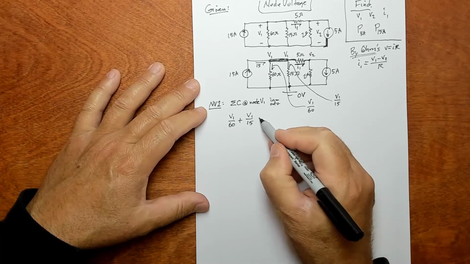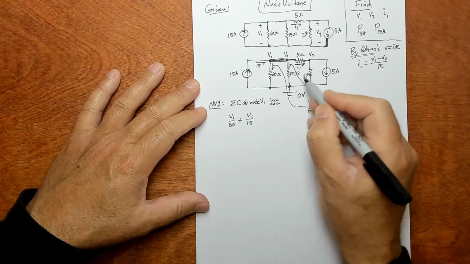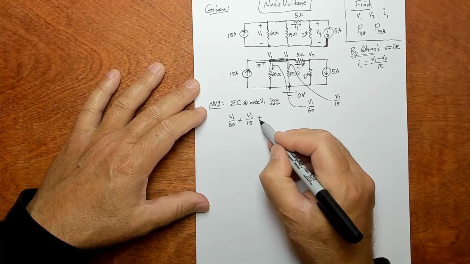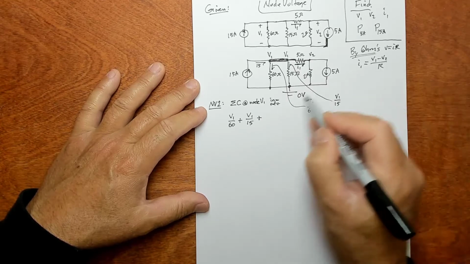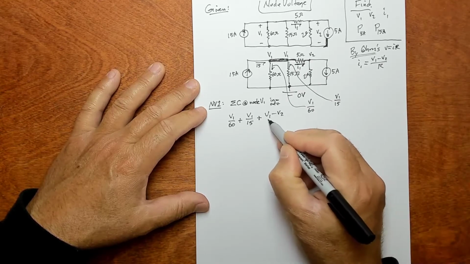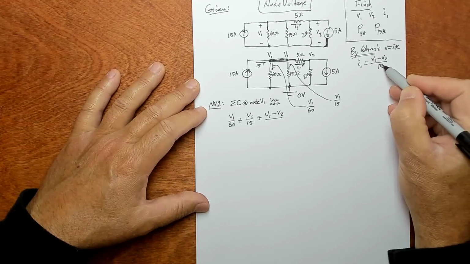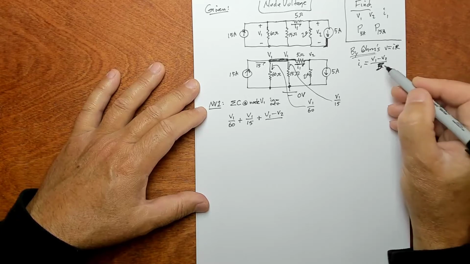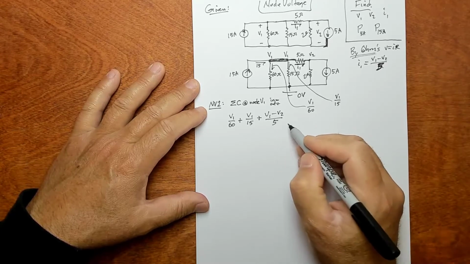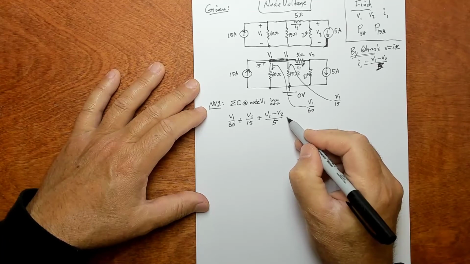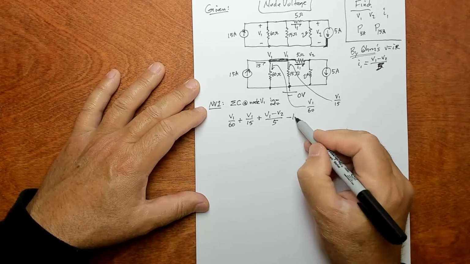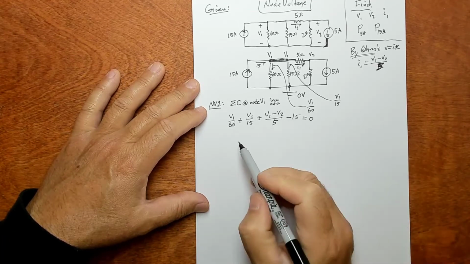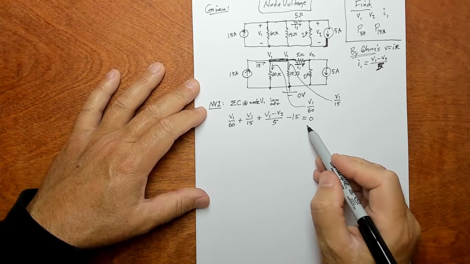I have I1 coming out, so it's positive coming out, and the expression for I1 is V1 minus V2 over, why do I have an R here? I meant to write 5. There should be a 5 there. And then I've got, coming into this node, the 15, and those sum to 0. So this is node voltage equation 1.